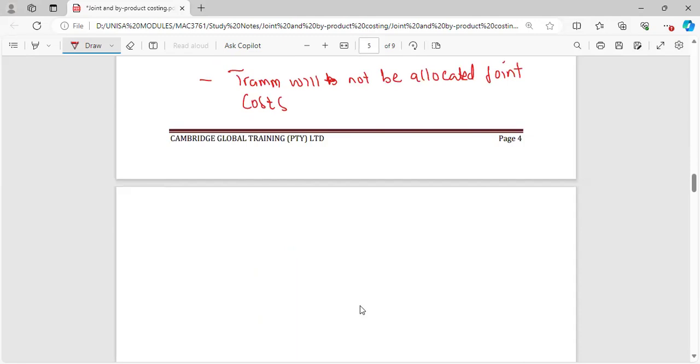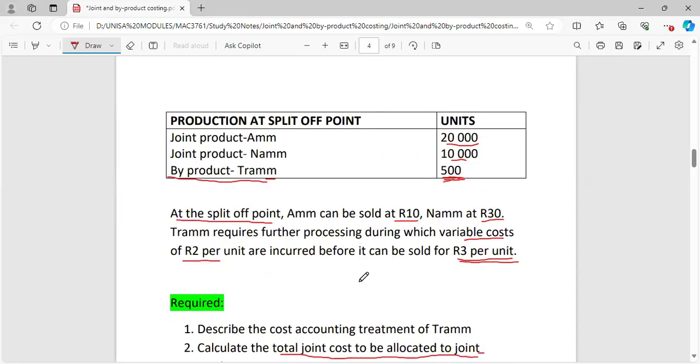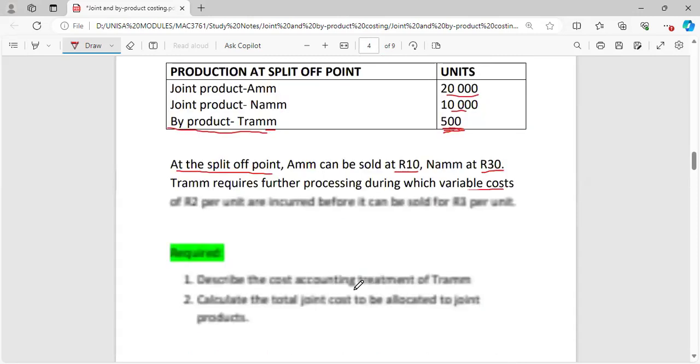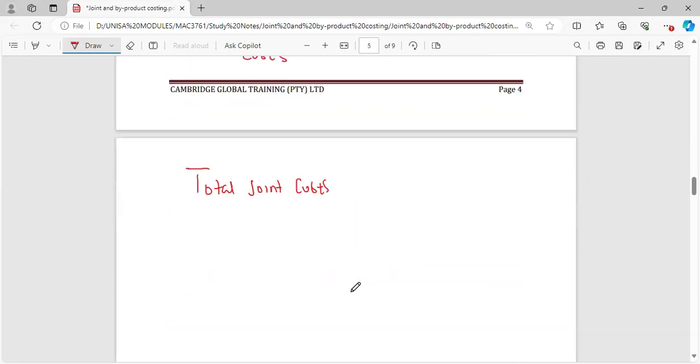So when you are doing this, you come and say your total joint cost. Our total joint cost is 300,500.